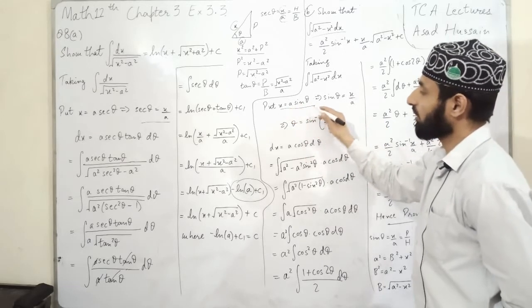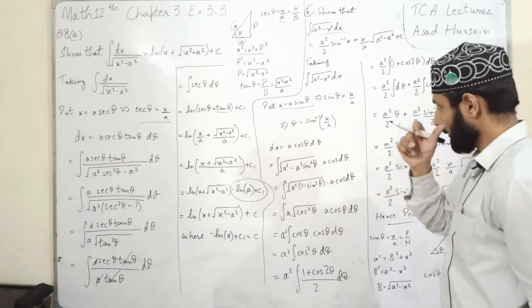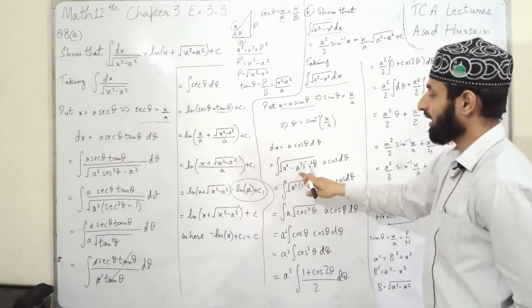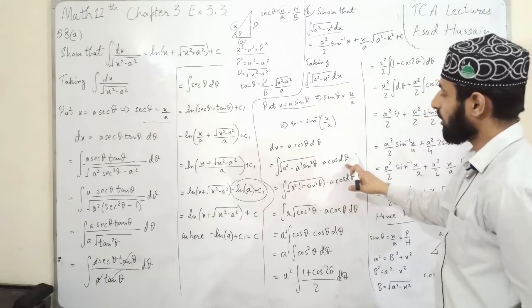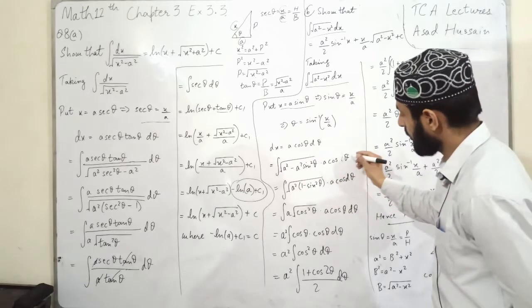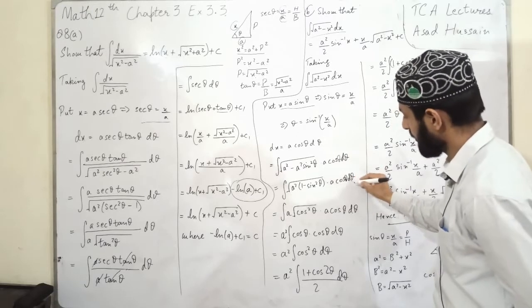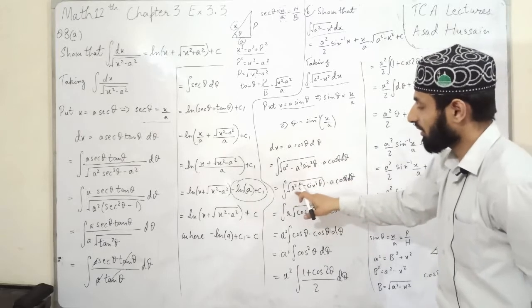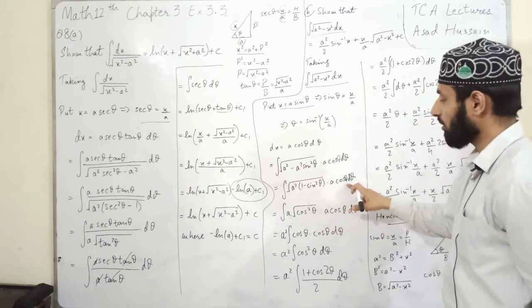Taking the derivative of this function, we get dx is equal to a cos theta d theta. Putting the values in this equation, we get integral √(a² − a² sin² theta) · a cos theta d theta. Now taking a² common from this, we get integral √(a²(1 − sin² theta)) · a cos theta d theta.